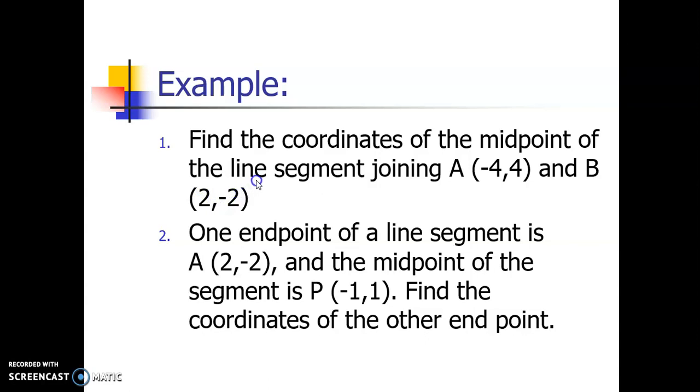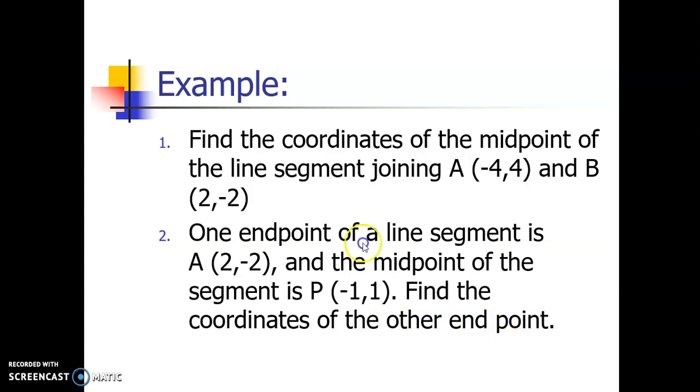And for example number 2, one endpoint of a line segment is 2 and negative 2, and the midpoint of the segment is point negative 1 and 1. Find the coordinates of the other endpoint.